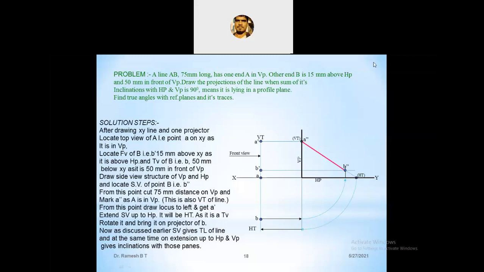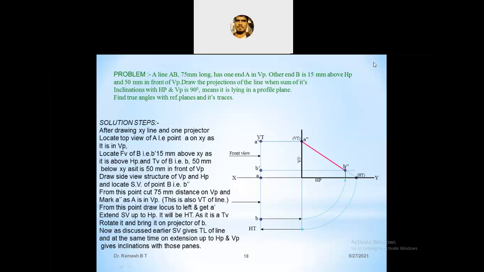Then project whatever we are getting in the top view for the 45-degree line. Then B dash we already got, and from B and B dash we got the point B double dash. Similarly, from B double dash you have to cut 75 mm to the X dash Y dash, that is the A double dash. Once we get A double dash and B double dash, that is the side view.